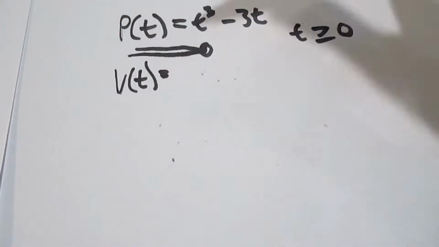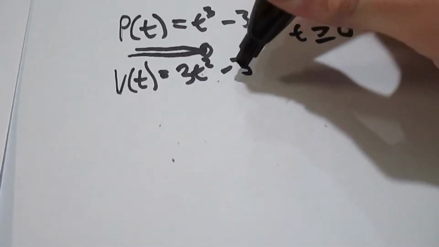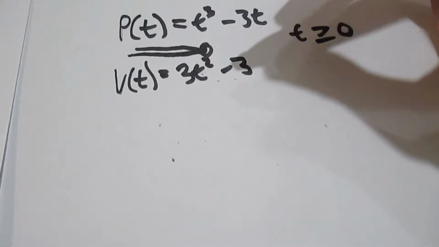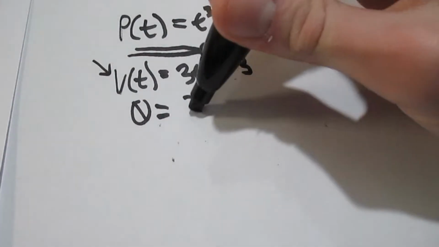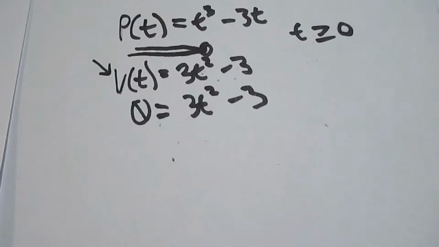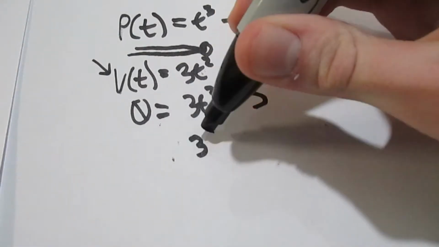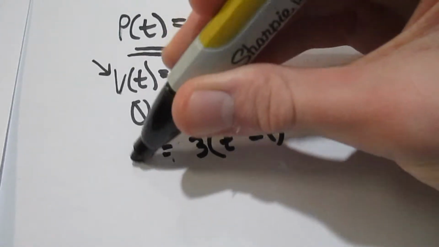So v of t equals, using the power rule, 3t squared minus 3. And we've got to find out when that is 0. So let's make 0 equals 3t squared minus 3. To find what t value makes this 0, we're going to have to do some old-fashioned factoring. If you factor out the 3, you get 3 times t squared minus 1, which equals 0.